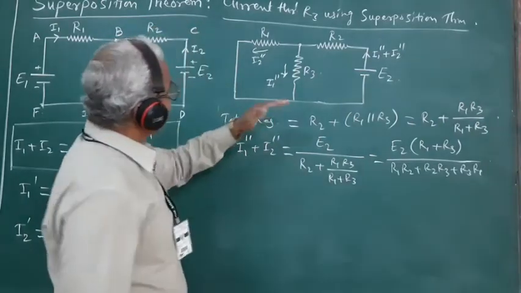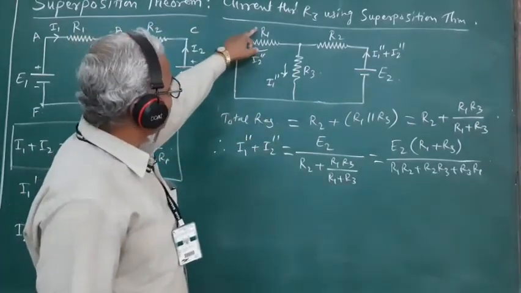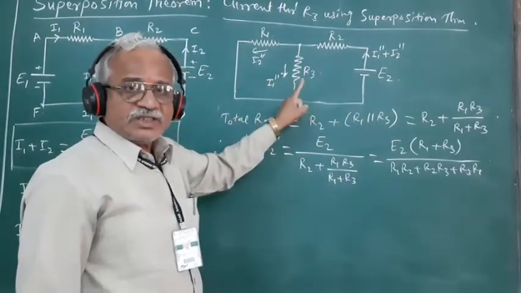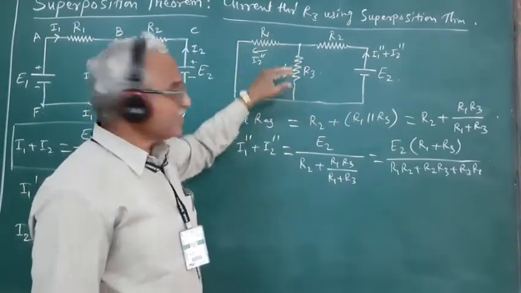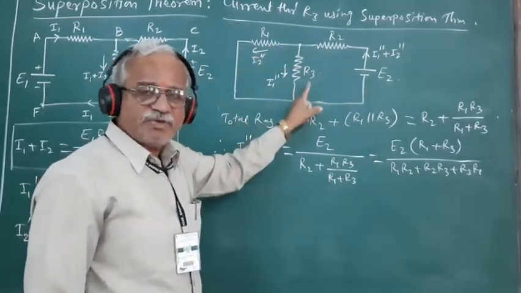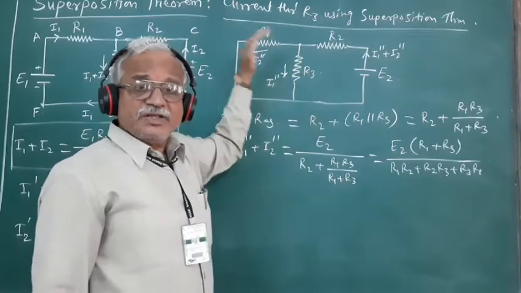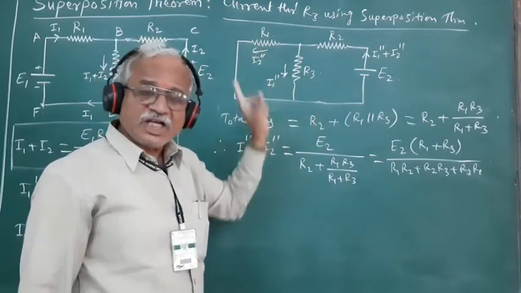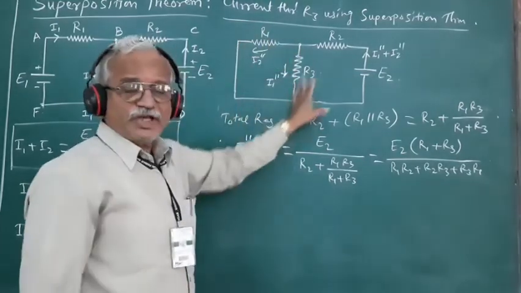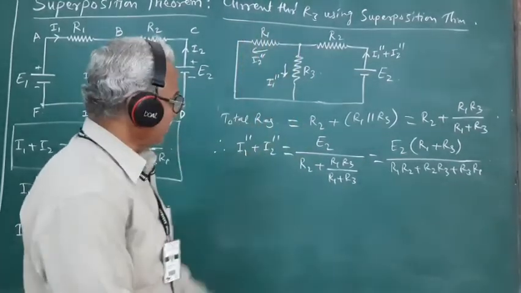So here it is observed that the resistors R1 and R3 are connected in parallel such that the potential drops across R1 and across R3 must be equal, and again these potential drops are equal to the potential drop across the parallel combination of R1 and R3.